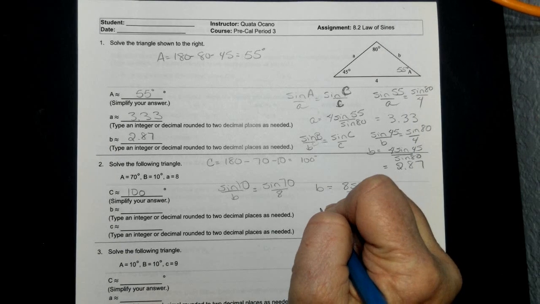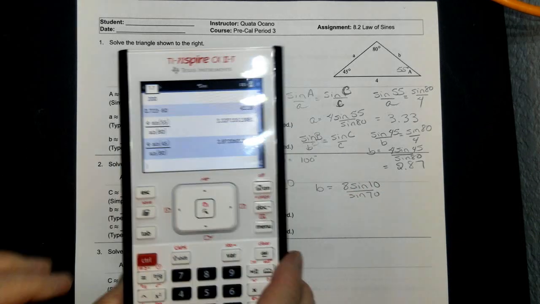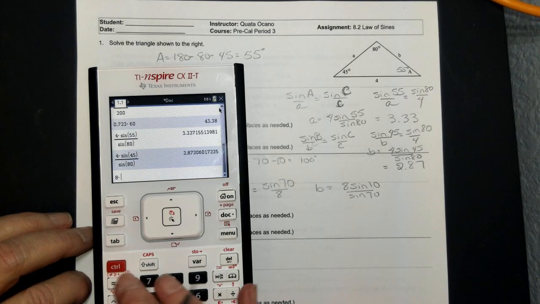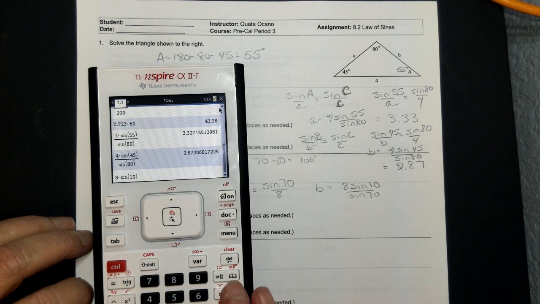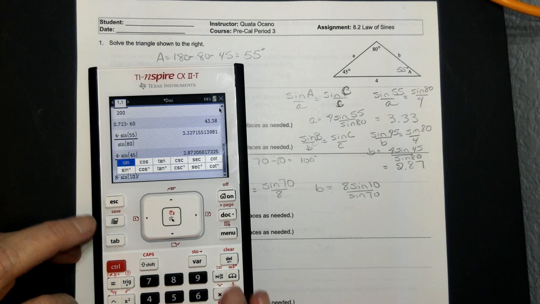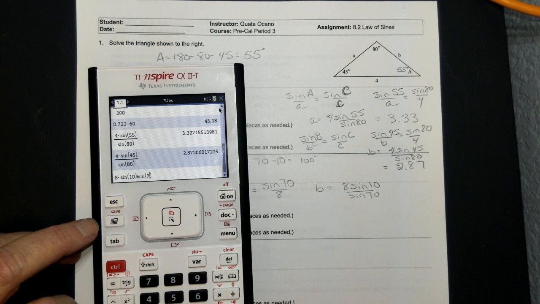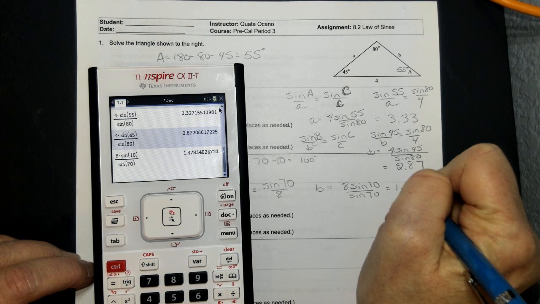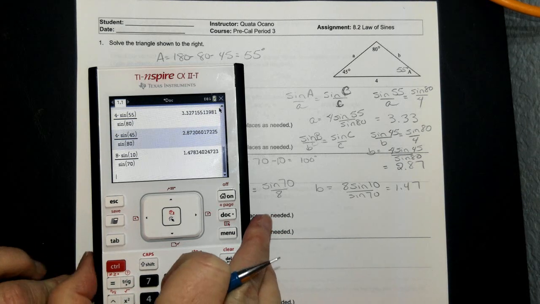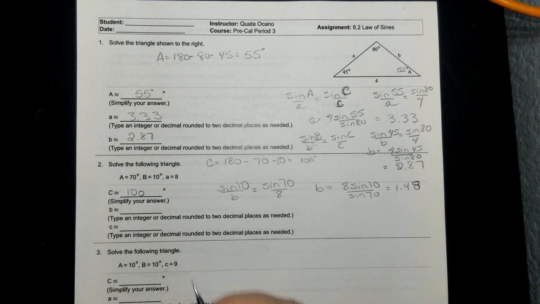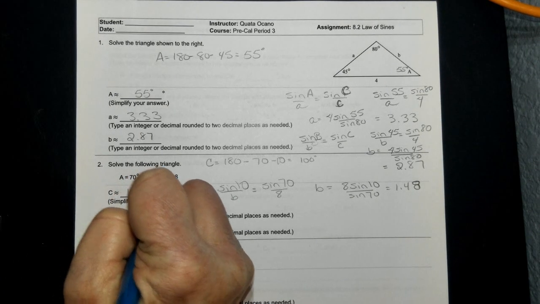So b equals 8 times sine 10 divided by sine of 70. So that would actually be 1.48. And let's see. So that's 1.48.